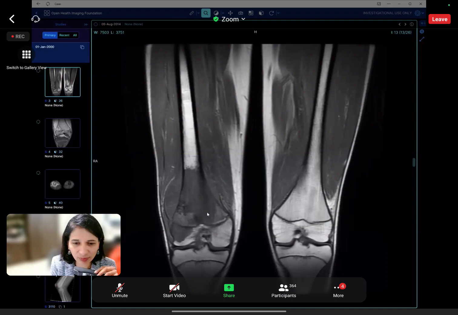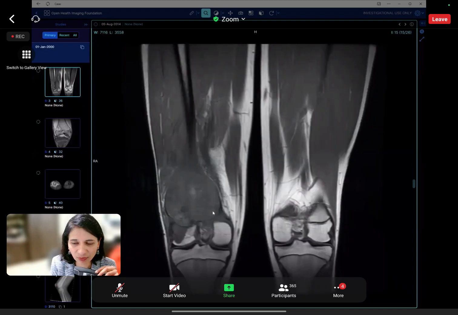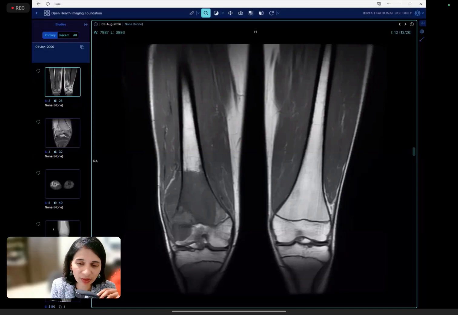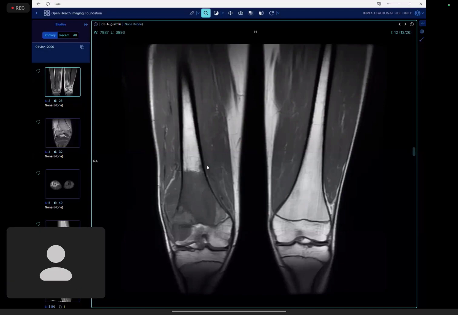That will be part of the MR that you will do, and you will need to do CT of the chest to look for metastatic disease there. But the first thing is to refer it to the bone tumor center, because some of the tertiary bone centers have their own protocol, and that will be the site where they decide what kind of surgical intervention is required.